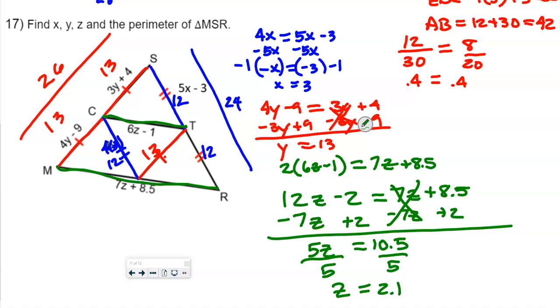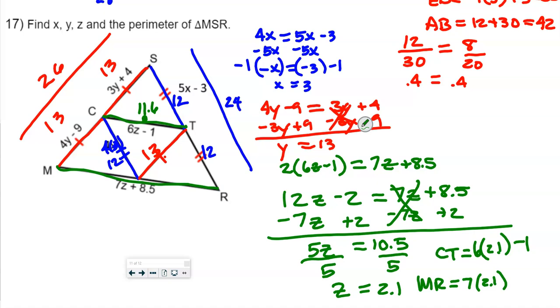Okay, so now let's find that side. So we're going to find CT is equal to, right here, this side right here, guys. 6 times 2.1 minus 1. So that would be 12.6 minus 1, which is 11.6, right? Okay, so now we're going to plug it into the bottom too. So for MR, MR is equal to 7 times 2.1.